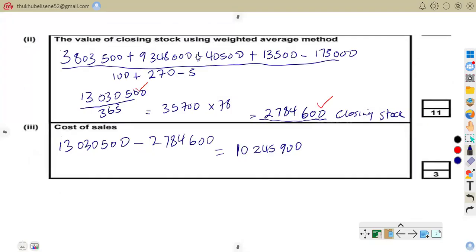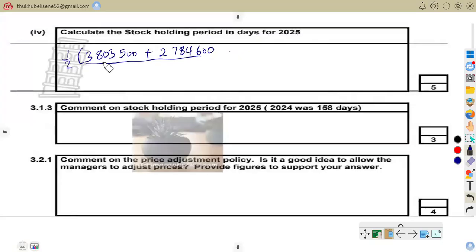Already we have calculated our cost of sales. How much is our cost of sales? This is the amount. So you're going to divide by 10,245,900 multiplied by 365 divided by 1.